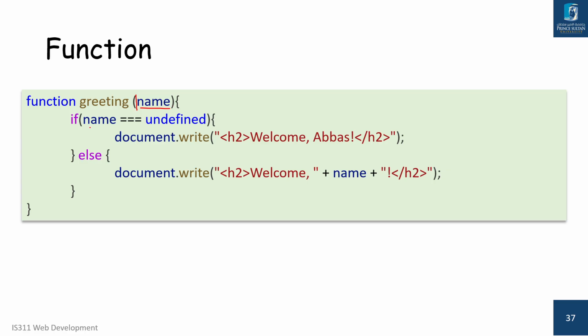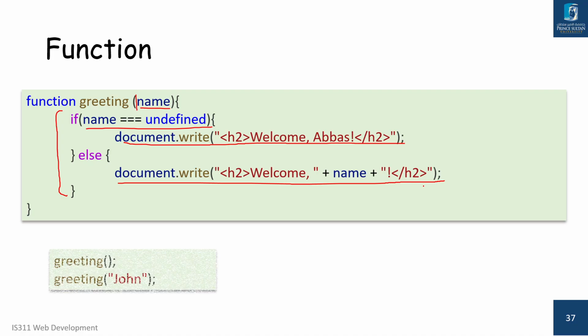So we are checking in the body of our method that if the name is undefined, then you print something like this one on the screen. But if the name has been given by the user, then show that name and welcome that user. So here we are saying that greeting, and because when we say greeting, it will come into this one, name is undefined, so it will execute this specific line and it will print the welcome Abbas message on our web page.